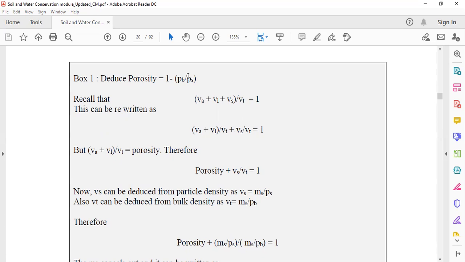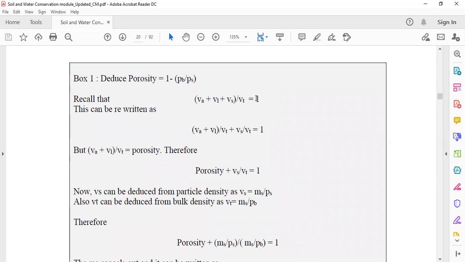For example, we said that the volume of air, the volume of liquid and solid equals the total volume. So if we have a ratio of these to the total volume, it will give us 1.